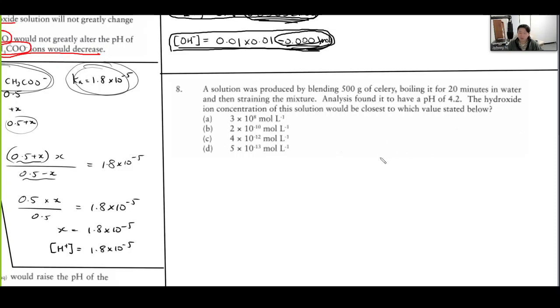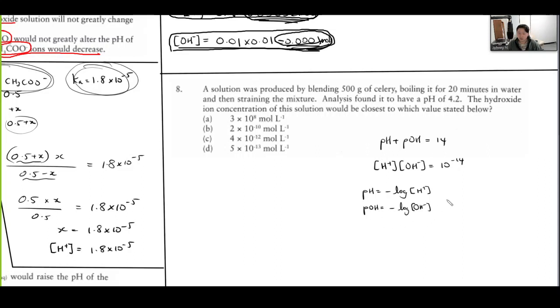This one is not a buffer solution question, but it's very important. So pH plus pOH adds up to 14. If you can take in a cheat sheet or something, write it all down, okay? Also pH is negative log of the hydrogen concentration, and pOH is negative log of the hydroxide.